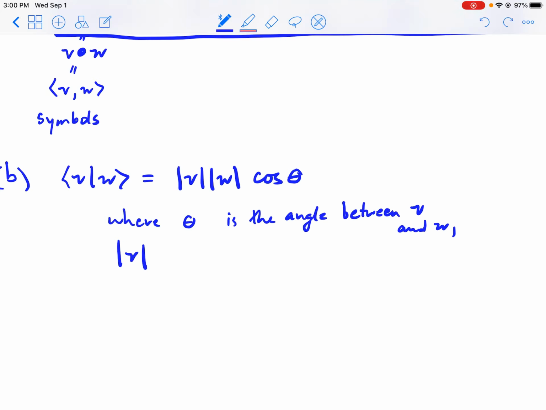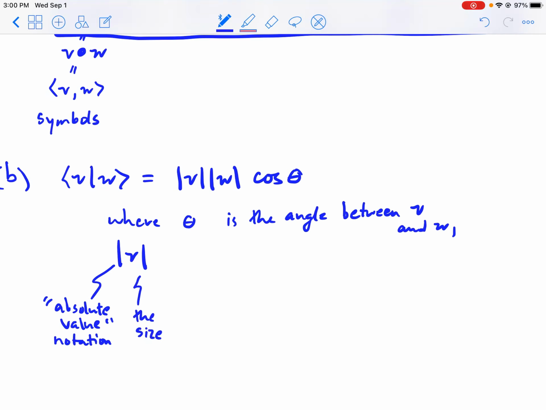Well, where V, with this absolute value notation, you might have seen this as the absolute value of a real number, but in this case it just means the length. It's essentially the size.